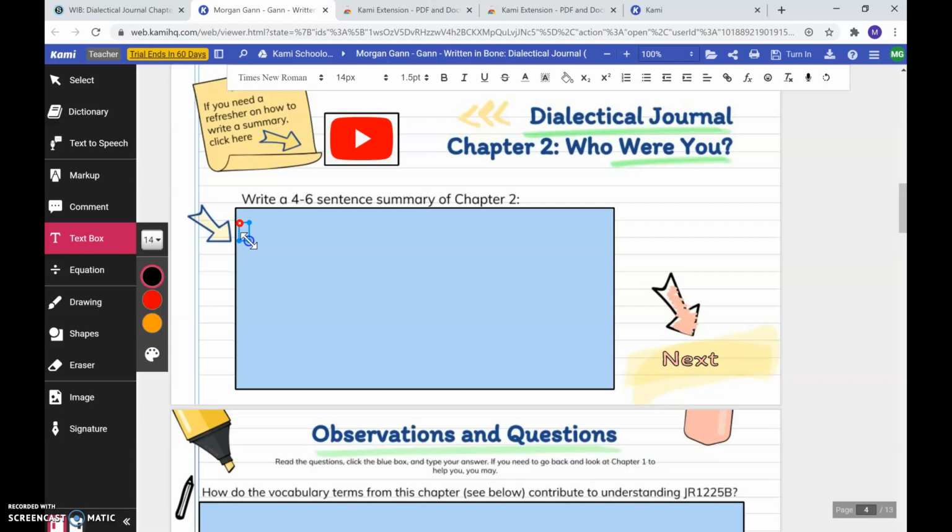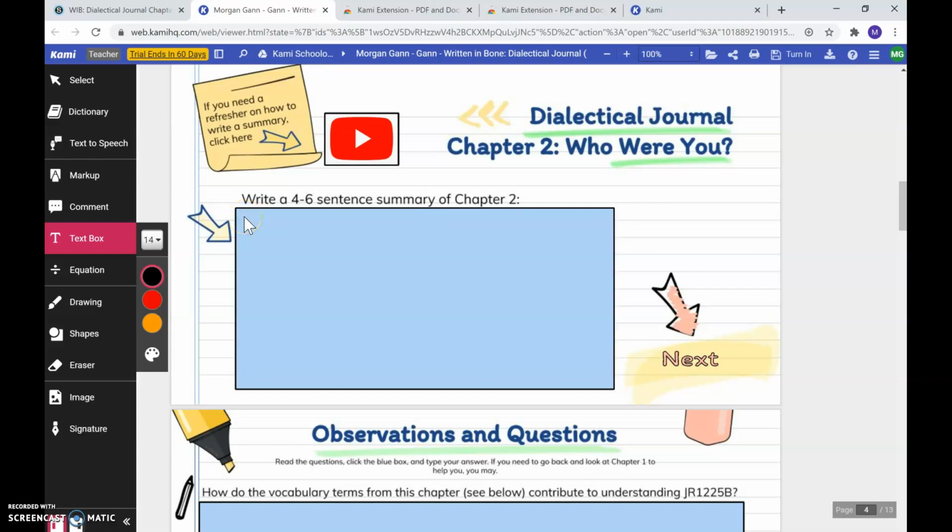With your left hand, you need to click the left side of your mouse pad and then drag that text box with your right, and it expands. If you need to move the text box, you put it in the wrong place, put your mouse on the blue line of the text box, and you notice it becomes 4 arrows. Hold it with your left hand, and you can move that text box around with your right.